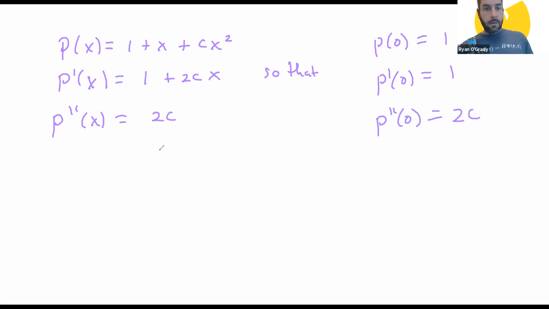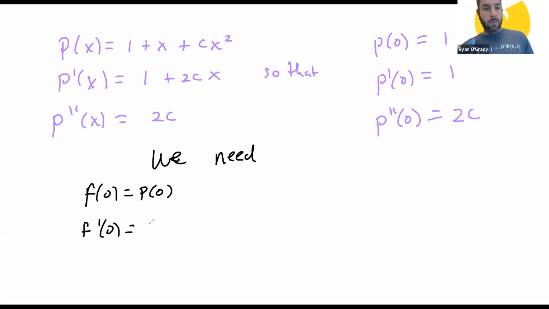So we need f of 0 to equal P of 0. We need f prime of 0 to equal P prime of 0. And we need f double prime at 0 to equal P double prime at 0. But of course, this is the same exact thing.